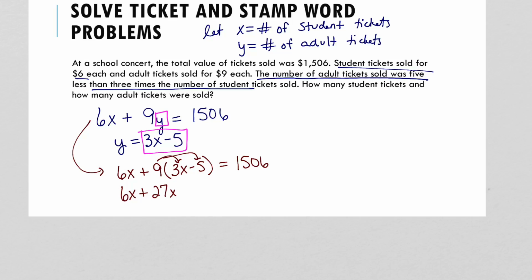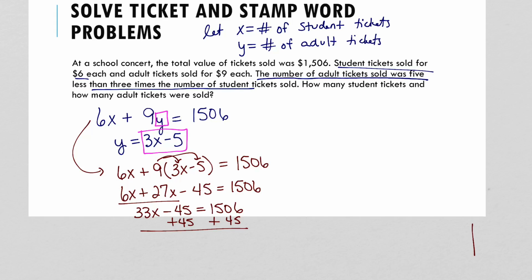Again, right here I'm distributing. And I want to combine my like terms. I get 33x minus 45 is equal to 1506. Add 45 to both sides. And I get that x is equal to 47. So what does that mean? That means 47 student tickets.